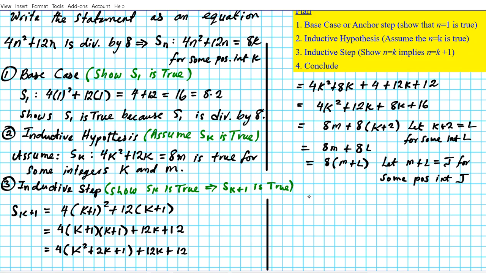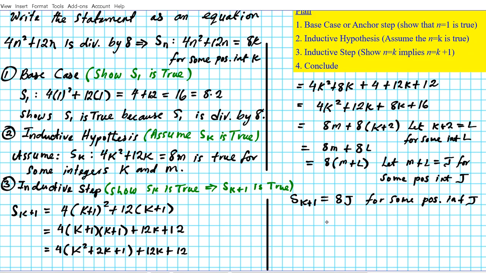So let's rewrite the whole statement again. The statement S sub k plus 1, our inductive step, is equal to 8j. Bam. You see that? So what does this tell us? S sub k plus 1 is equal to 8j for some positive integer j, which tells us that S sub k plus 1 is also true.